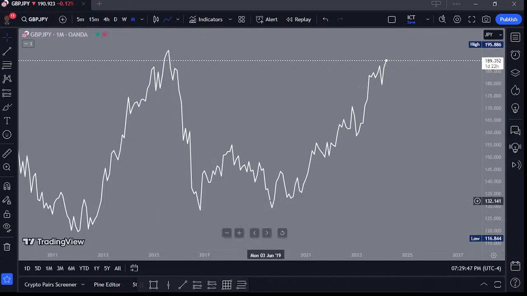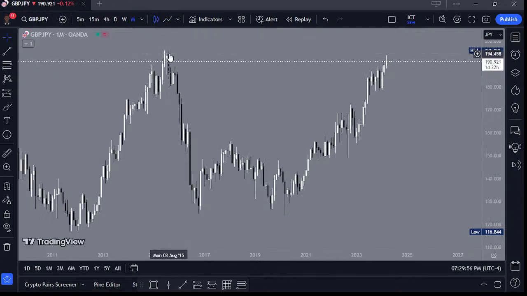Right now we were trending upwards, but we are at the peak here where we took liquidity, I guess. Yes, we took liquidity on equal highs.